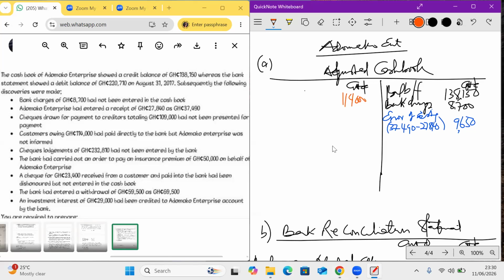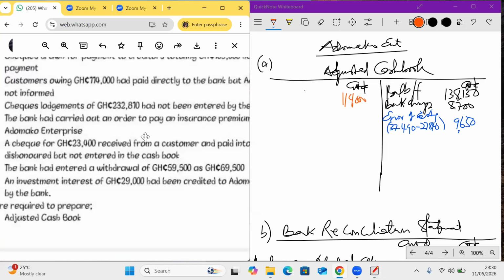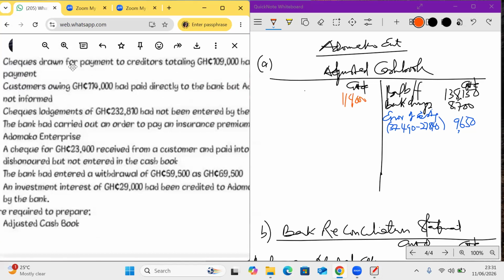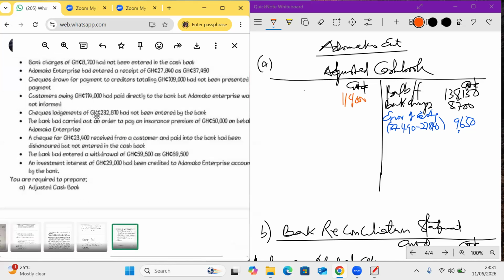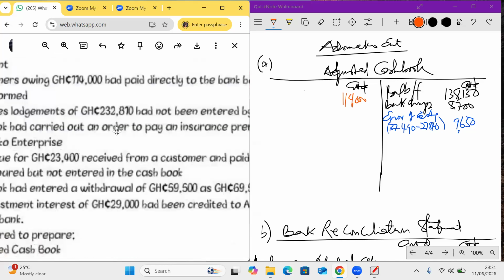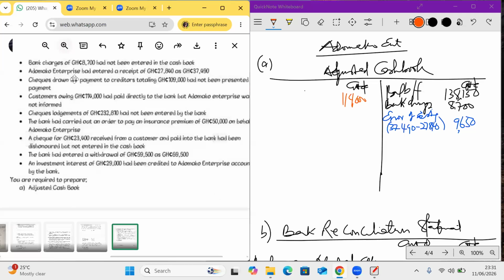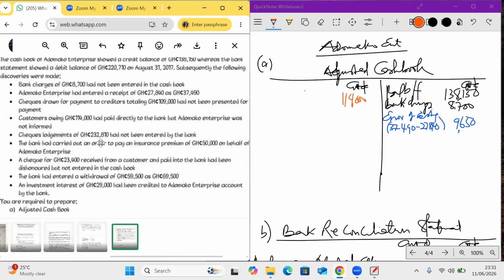So what's the amount? 114,000. What's the name? Direct deposit. Okay.